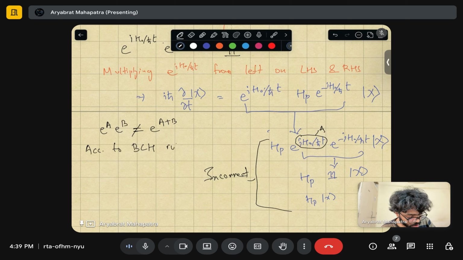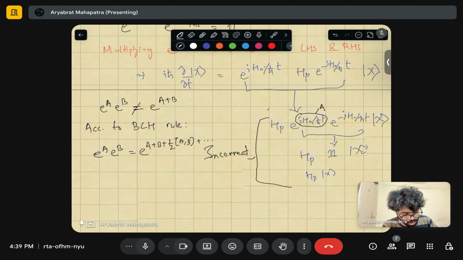According to the BCH rule, exponential of A times exponential of B equals exponential of A plus B plus half the commutator of A and B, and there are also some other terms.